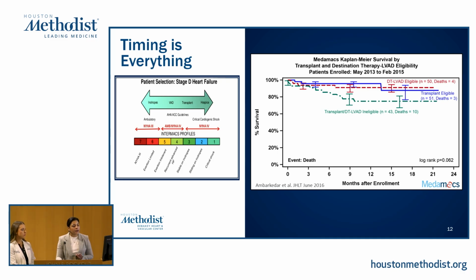On the right-hand side, what you see is the trajectory of patients who need an advanced heart failure evaluation, who didn't get it, versus who got a destination therapy LVAD versus who got a transplant after that. The trajectory of these patients is progressively worse. For patients at end-stage cardiomyopathy who need advanced heart failure care, the longer we delay that, the more end organ dysfunction develops, and the chances that their prognosis will remain good become poorer and poorer.